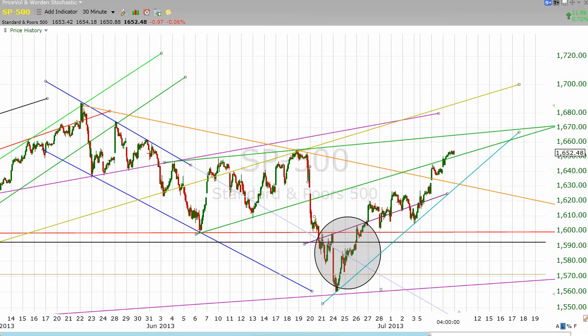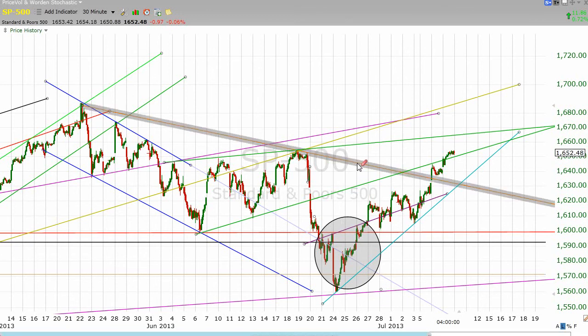Okay, we're starting out looking at a 30-minute chart, and we've got a few things to look at and consider. This is a very interesting situation.